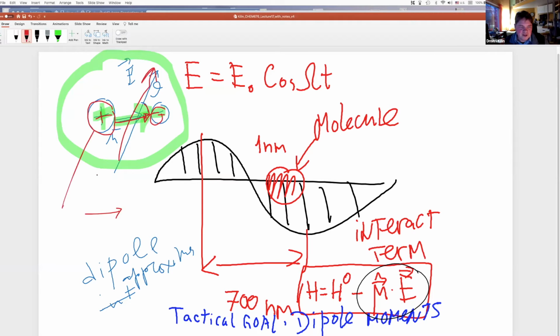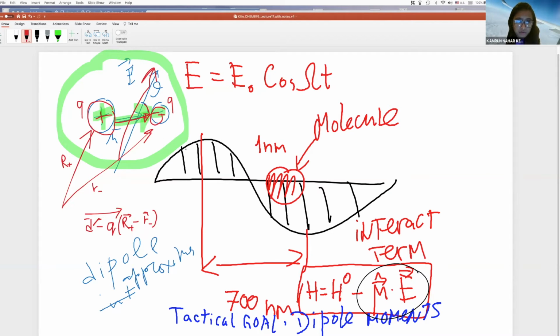So if you have positions of positive and negative, R plus, R minus, then the dipole will be equal to R plus minus R minus times the charge, and we assume that they have the same charge, or the average charge of the molecule. So dipole is like a bond between two charges.